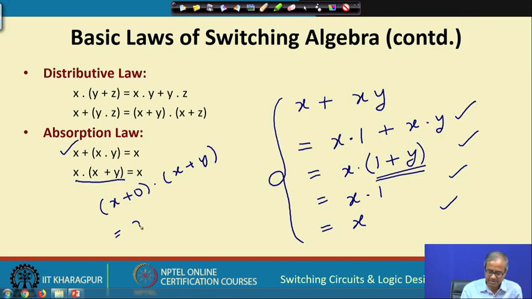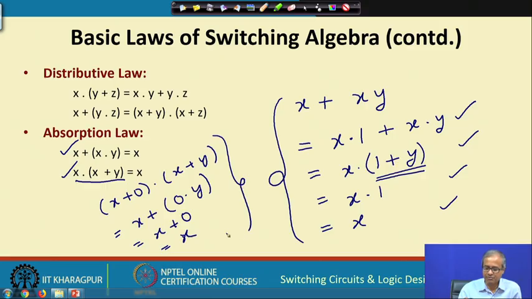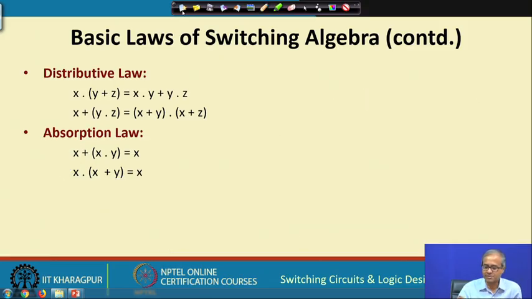This will be x plus 0 and y. 0 and y is 0, x or 0, this is again x, proved. Okay. This is also proved. So, just if you know how to apply these rules in a systematic way, you can also arrive at these proofs.